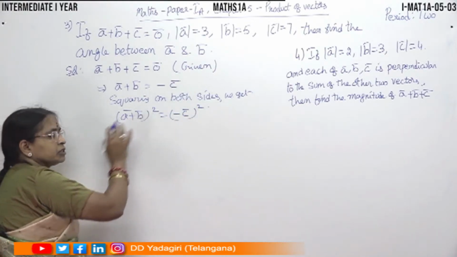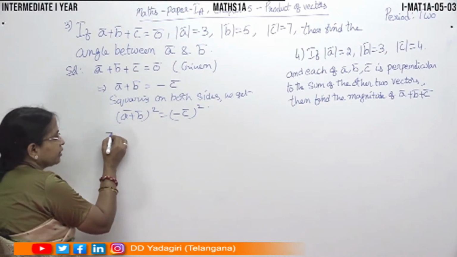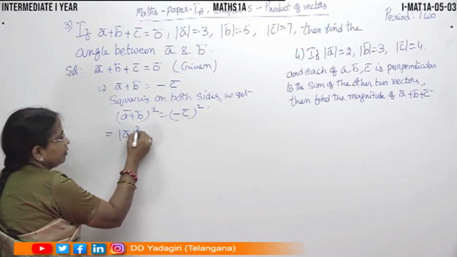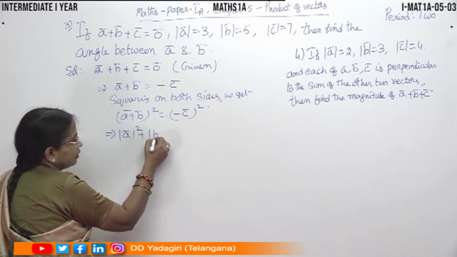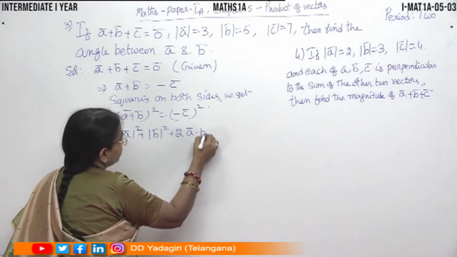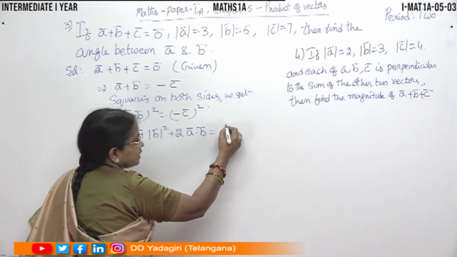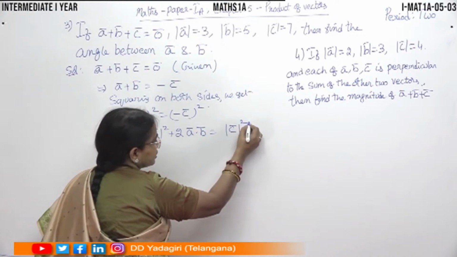A plus B whole square means A plus B dot A plus B, or directly write the formula: mod A square plus mod B square plus 2A dot B is equal to minus C whole square, which will be C square only. So it is mod C square.